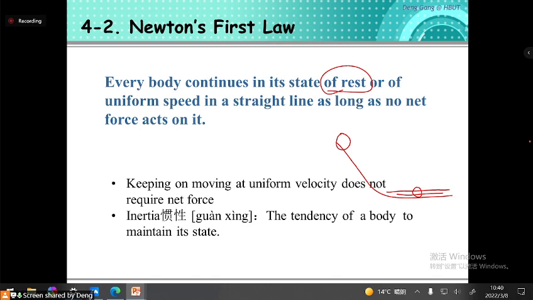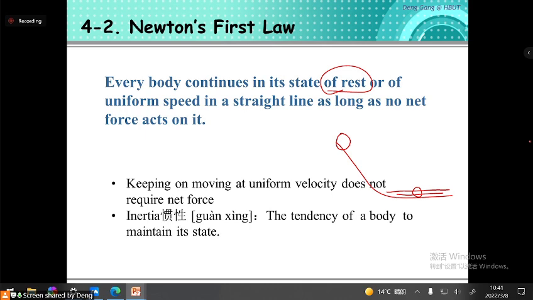Keeping on moving at uniform velocity does not require a net force. If it is originally at rest and we want it to move, we need a force. But if it is moving and we want it to keep on moving like this, we don't need a force. We don't need a force to keep it moving. So that's what Newton's first law tells.